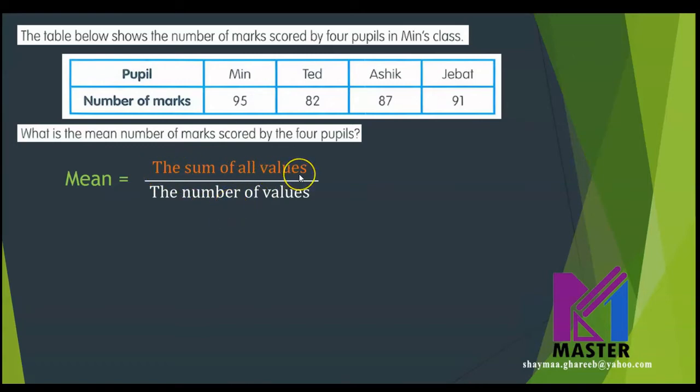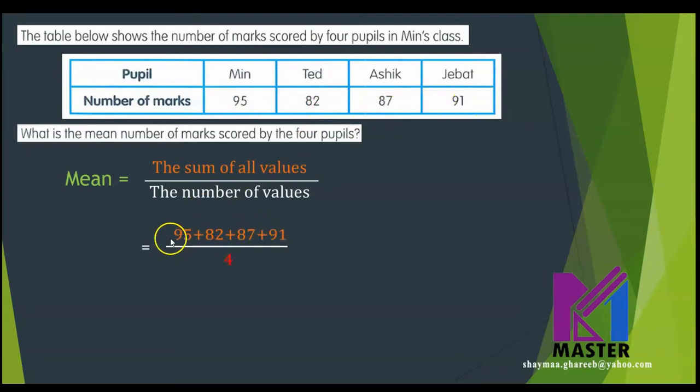So the sum of all values means I'm going to add the 95, 82, 87 and 91. Then I will divide by the number of values. The number of values means how many numbers do we have here? 1, 2, 3, 4. So I will divide by 4.